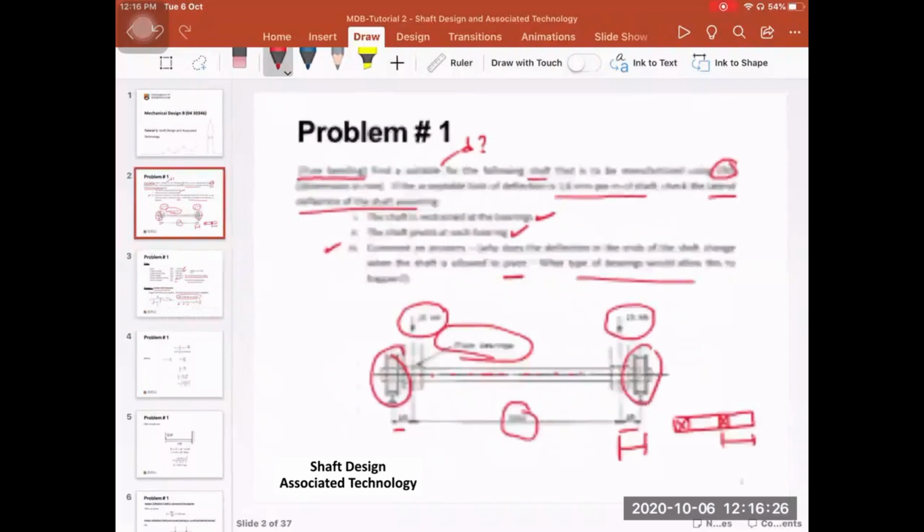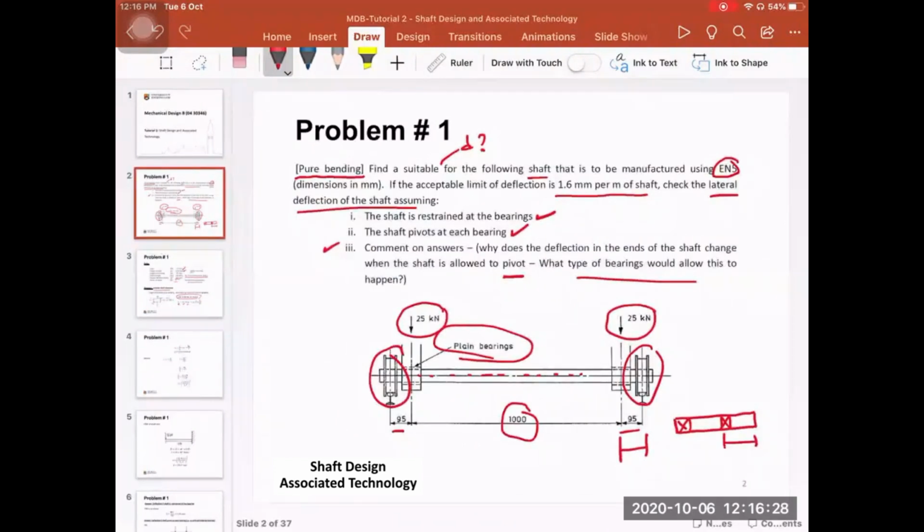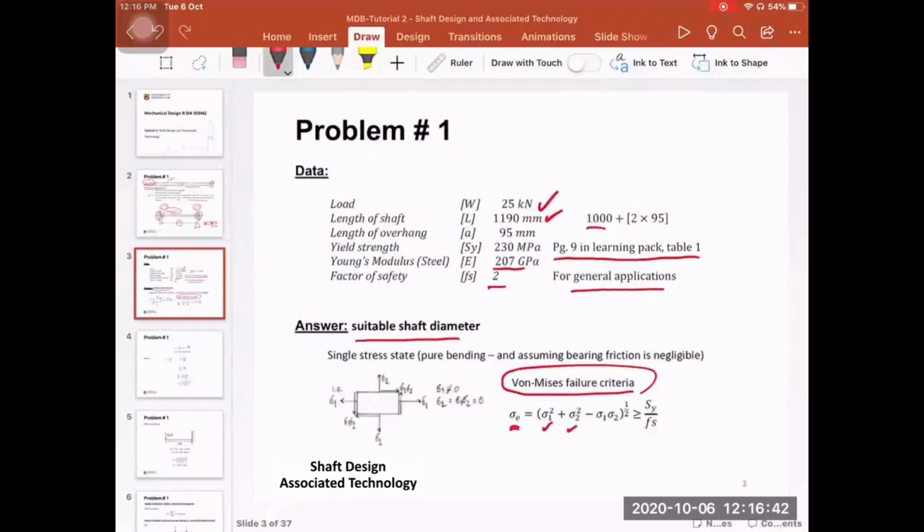And in this case, if I go back here, based on what you see here, we have pure bending. So this is a pure bending problem. So you don't have any torsion, you don't have any axial forces. It's only pure bending. So in this case, sigma 1, which is the principal stress, is equal to sigma x only, because here obviously tau xy is equal to 0.